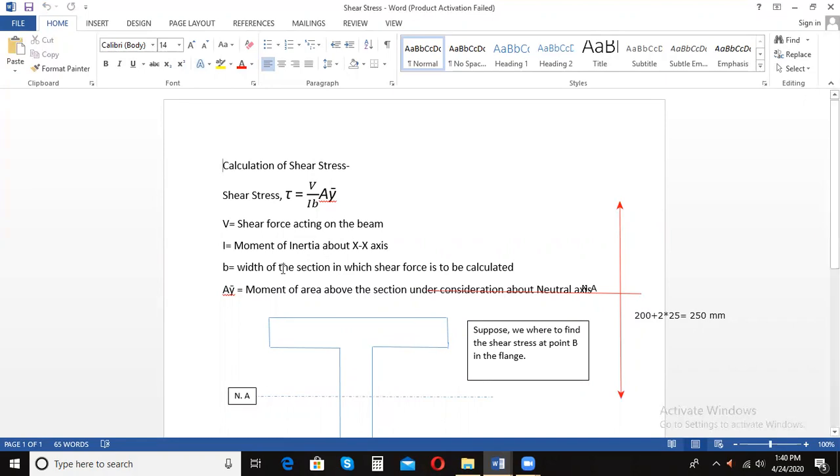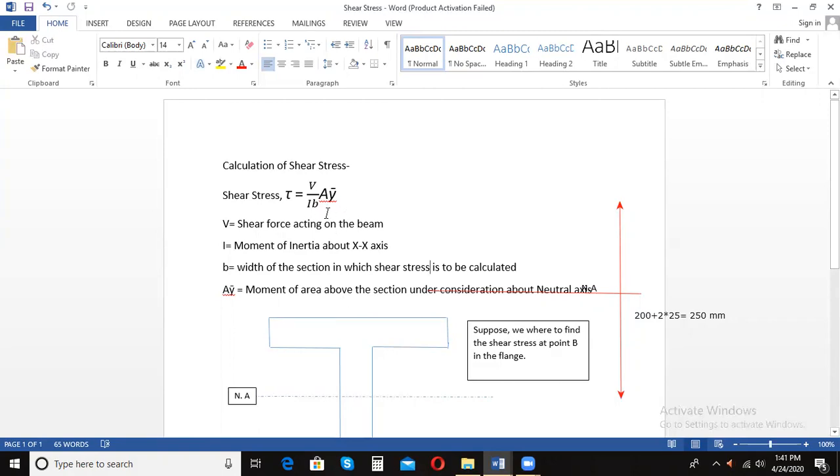Then we have B. B is the width of the section at which shear stress is to be calculated. We will see what B is in the problem we are discussing.